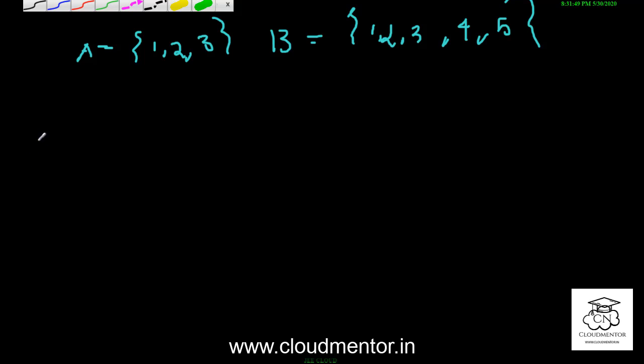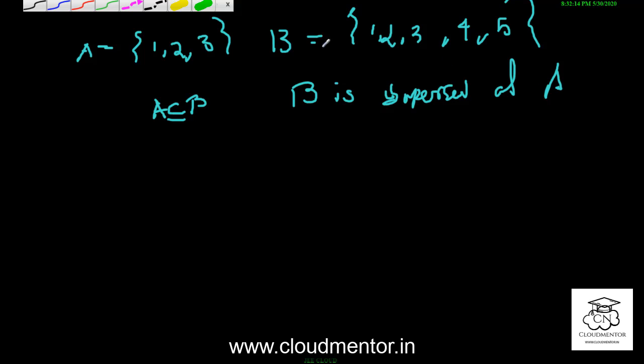Here each element of A, that is 1, 2, 3, is an element of B, and thus A is a subset of B, and here we can say that B is a superset of A.